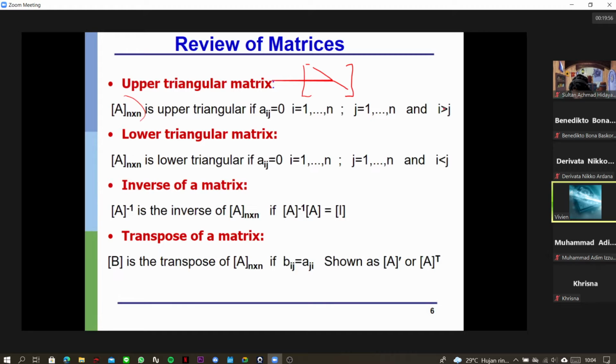So what does that mean? It means that all of the values in the lower part here are 0. So these are 0 elements, and the elements that have values are only in the upper triangular part of the matrix.